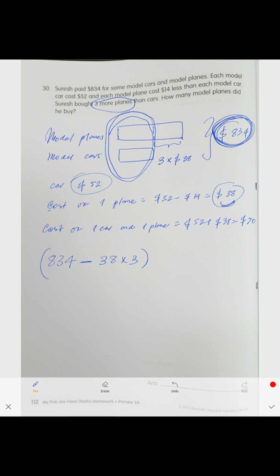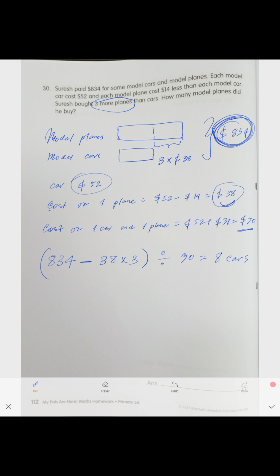834 total, minus these three planes, $38 each. Okay, and we divide it by 90. One car and one plane, and we can see that it's going to be 8 cars, right, if you do your calculation right.